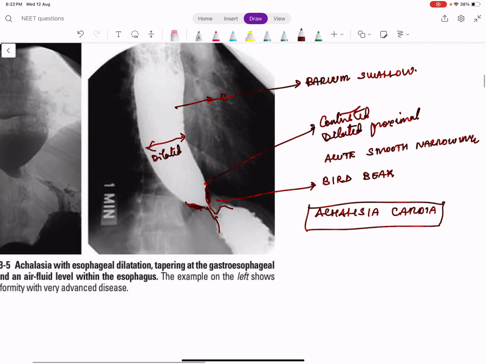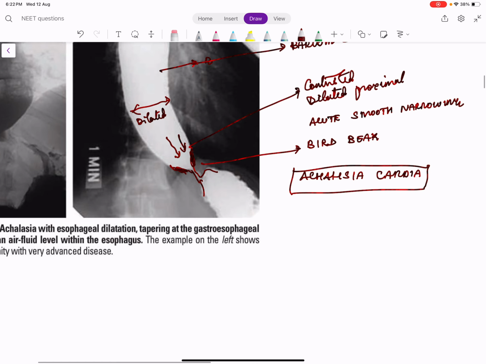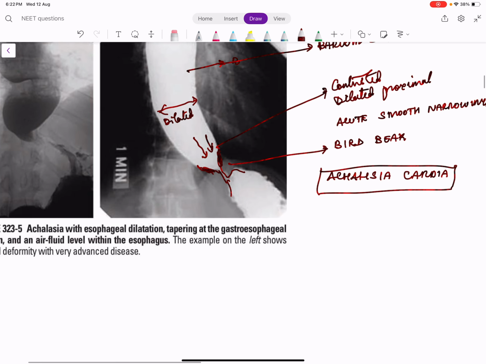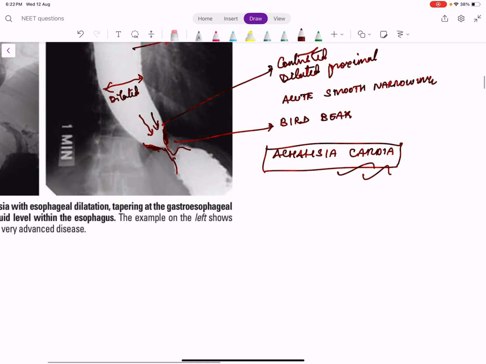That is what we are able to see here. As a result of this, the food finds it difficult to enter the stomach because the distal esophagus is contracted. Solid food can go through by the effect of gravity. It can open the esophagogastric junction and go to the stomach, but liquid diet doesn't go through. This is very typical of achalasia cardia. So persons will be able to swallow solid food, but there will be difficulty in swallowing liquid food.